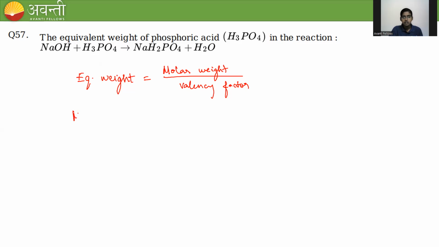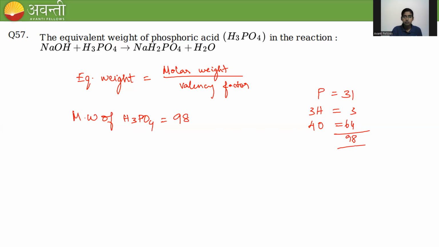So the molecular weight of H3PO4 is equal to 98. Because for phosphorus, atomic mass is 31, and for hydrogen it is 1. We have 3 hydrogens, so 3, and for each oxygen it is 16. We have 4 oxygen, so it is 64. So when we add everything, we will get 98, right? So the molecular weight of H3PO4 is 98.